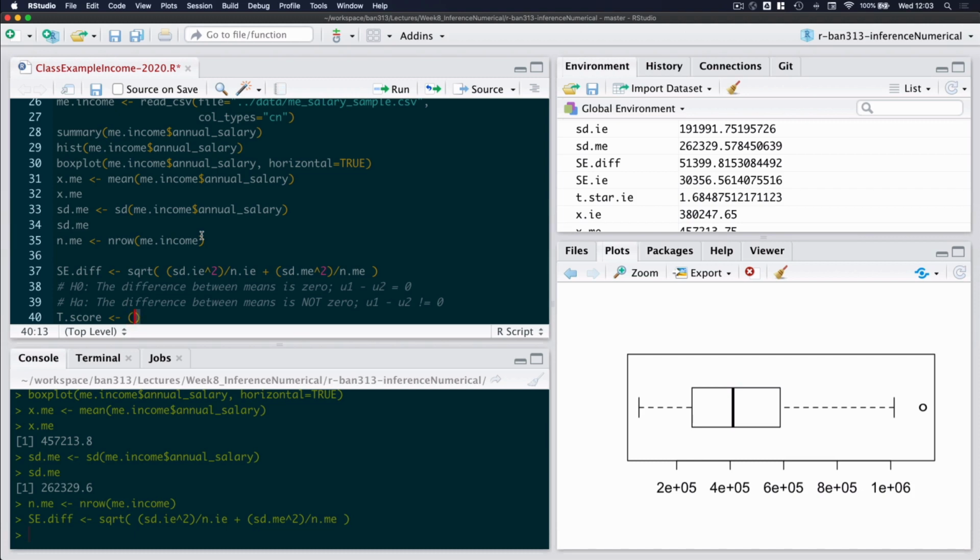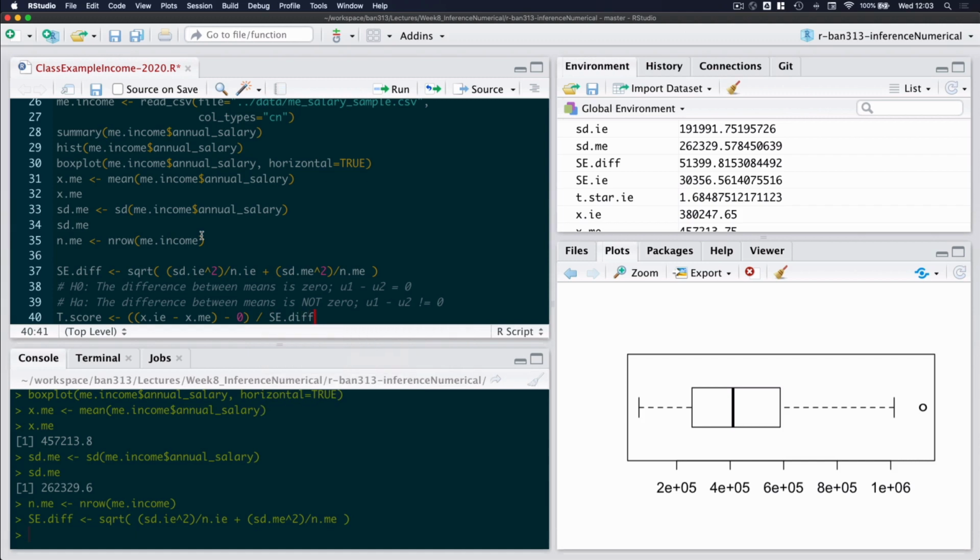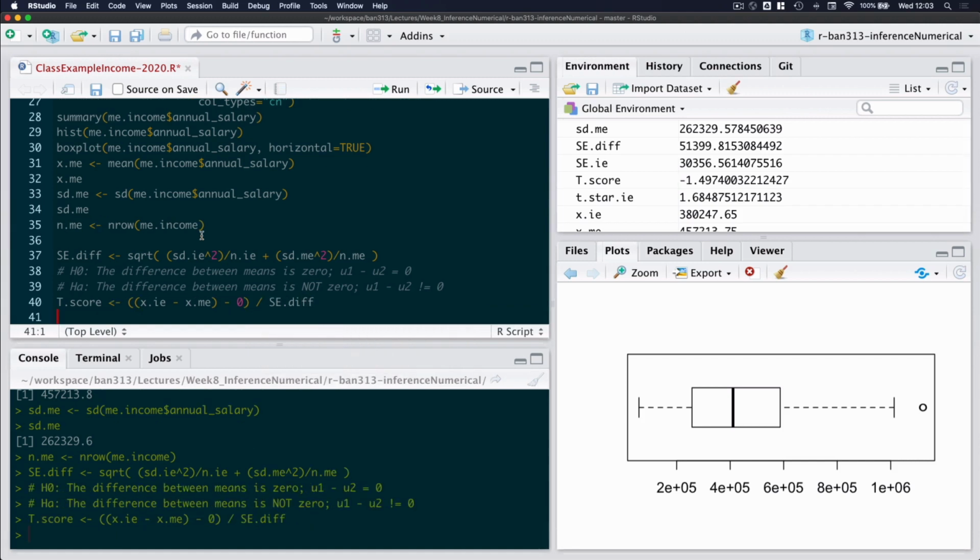Now in this particular case, my sample observation would be the mean of industrial engineering incomes minus the mean of mechanical engineering incomes. That's what I've observed, and what I would expect in my null hypothesis is 0, and I now divide by the standard error. And I can get a t-score. Right.